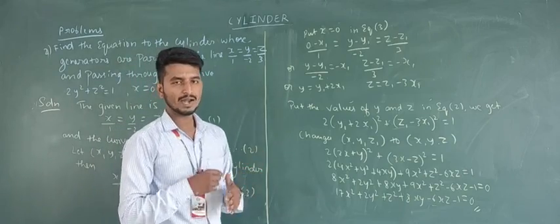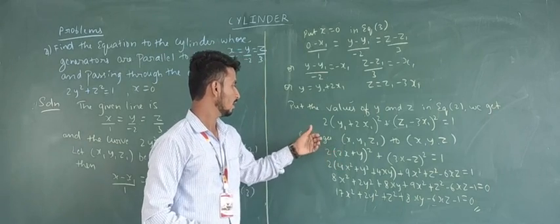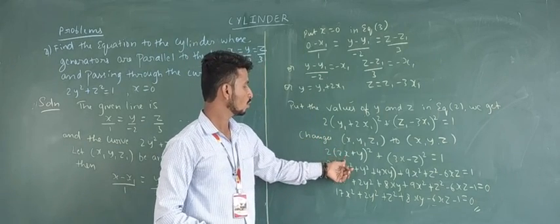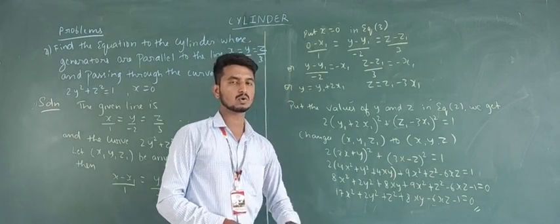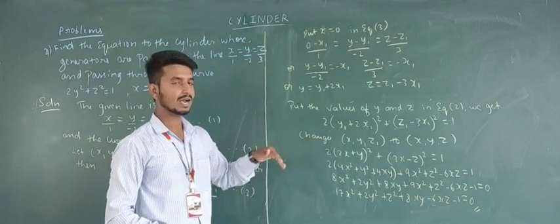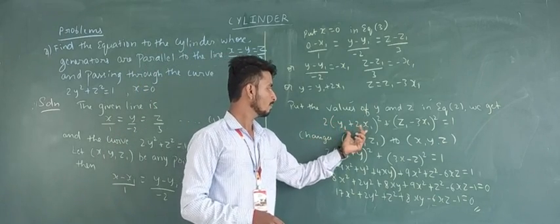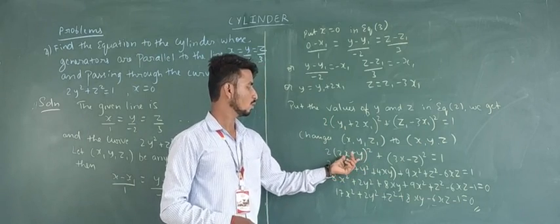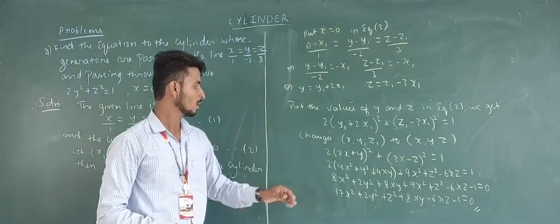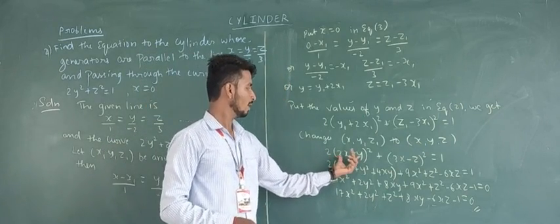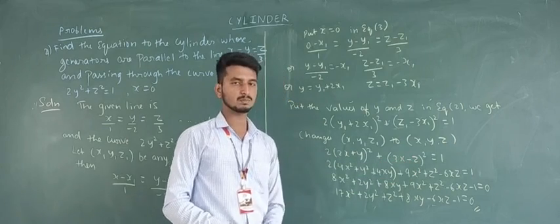Now the point x1, y1, z1 changes to x, y, z. So your equation will be 2 into 2x plus y whole square plus 3x minus z whole square equal to 1. Next we use the a plus b whole square and a minus b whole square formulas.